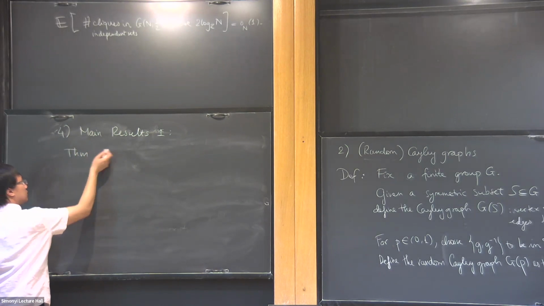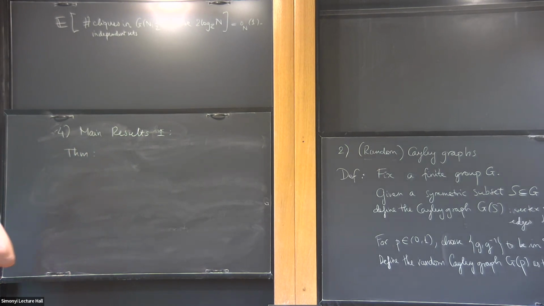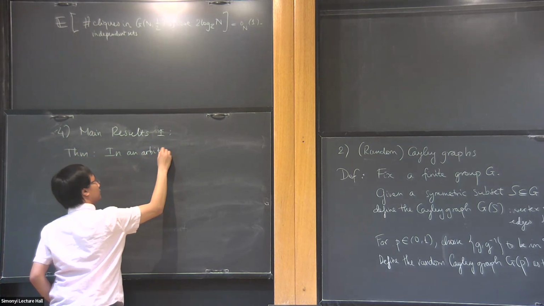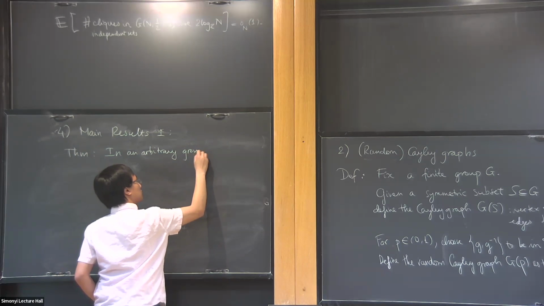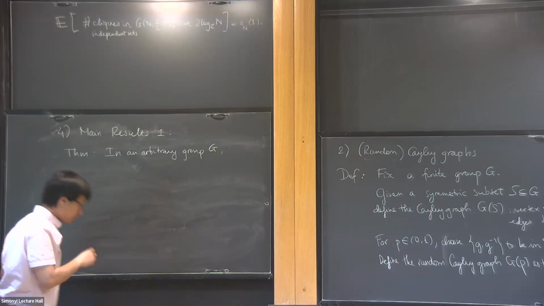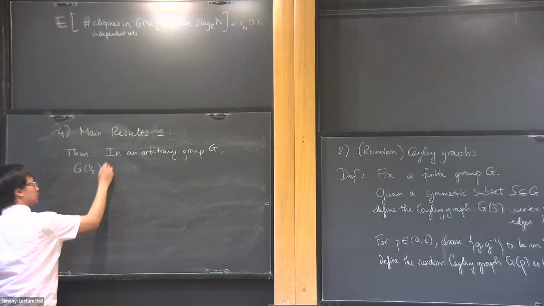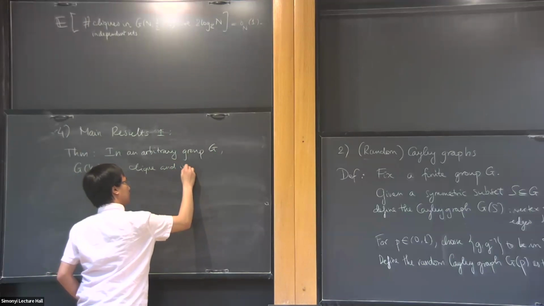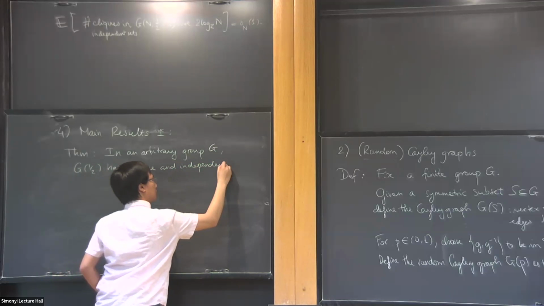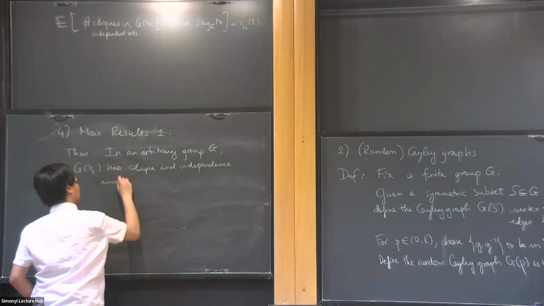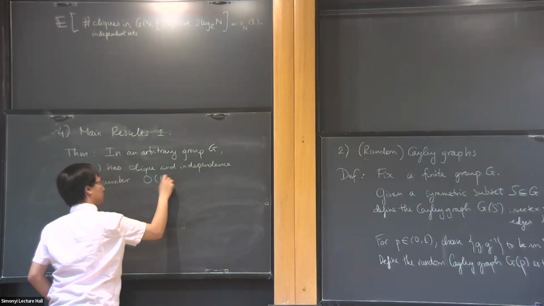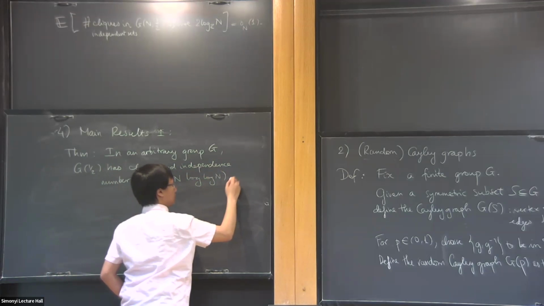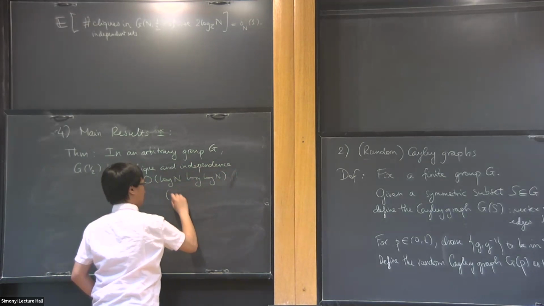So with David, Jacob, and Liana, we proved that in an arbitrary group G, not necessarily abelian, G(1/2) has clique and independence number big O of log n, where n is again the size of the group.